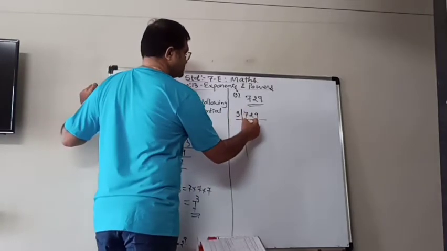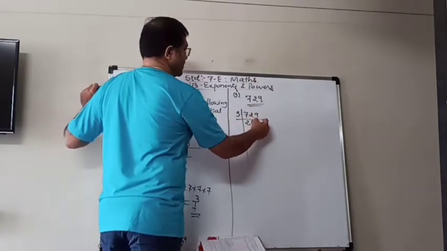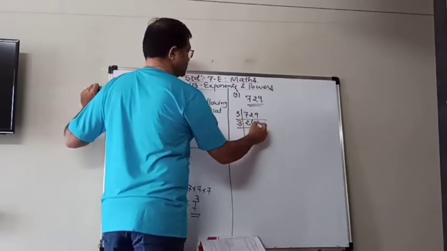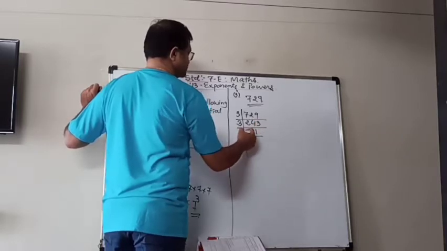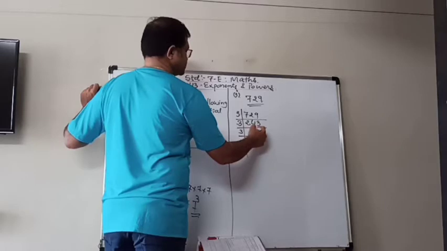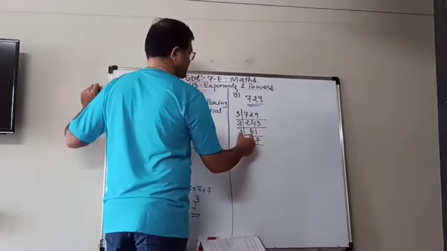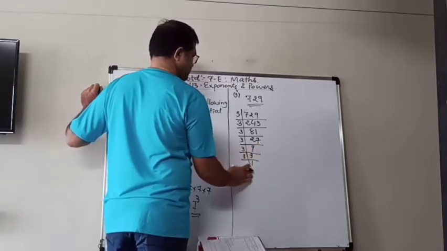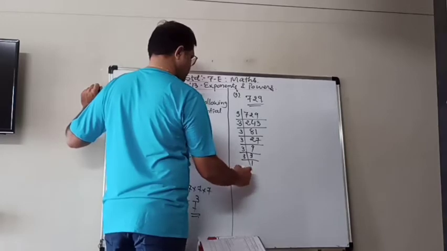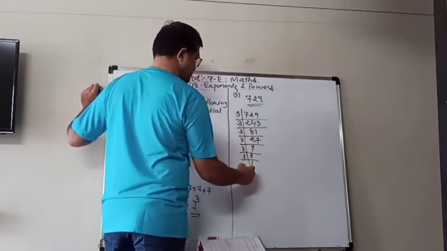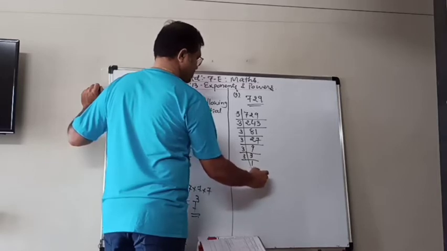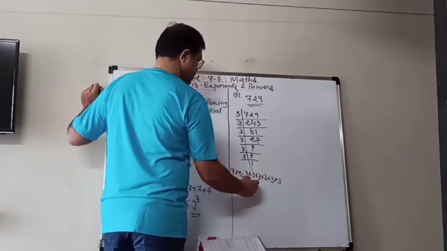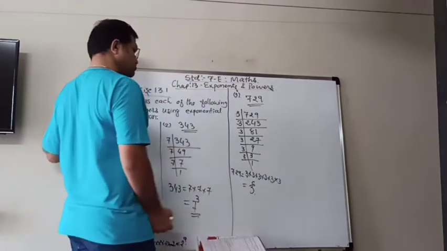So 3 2s are 6, 3 4s are 12, and 3 3s are 9. 3 8s are 24, 3 1s are 3. 3 2s are 6, 3 9s are 27, 3 3s are 9 and 3 1s are 3. So 729 is equal to 3 multiplied 6 times. So you write it as 3 raised to the power 6.